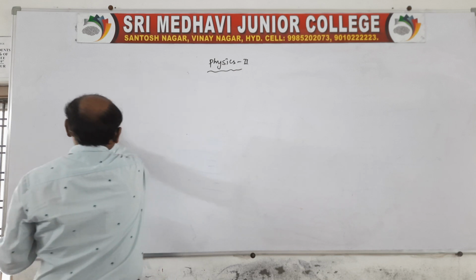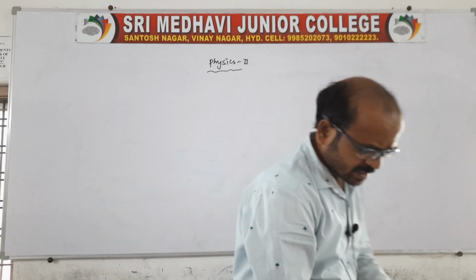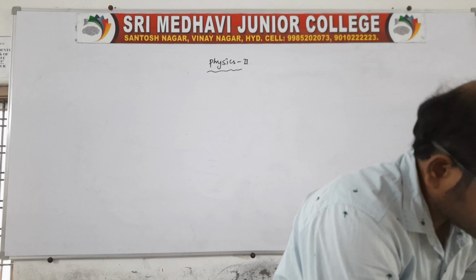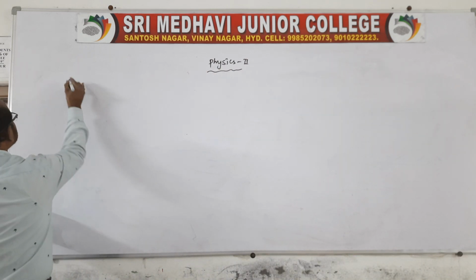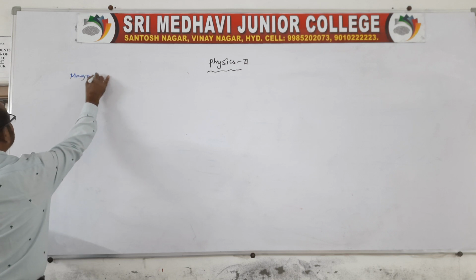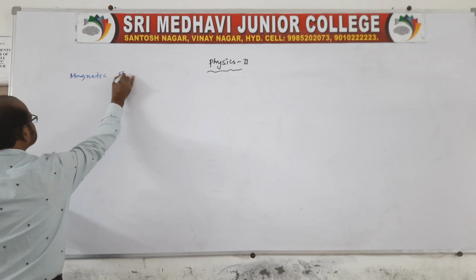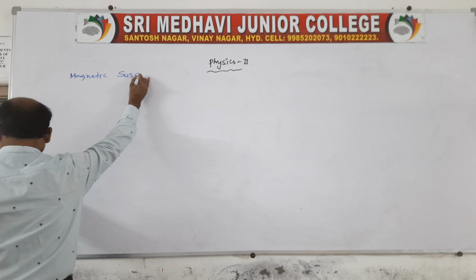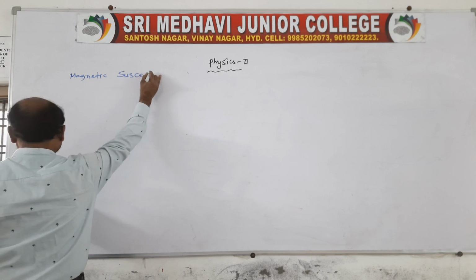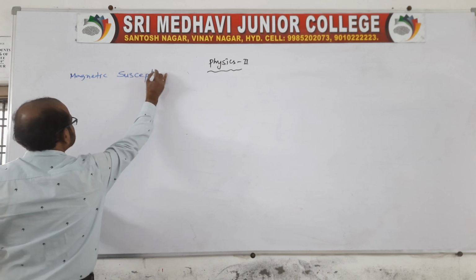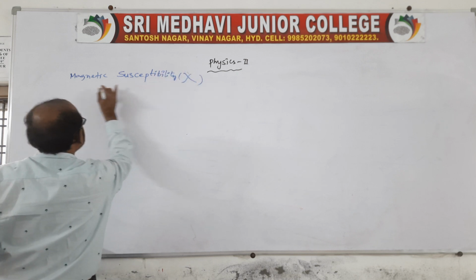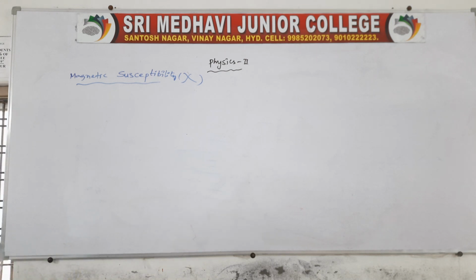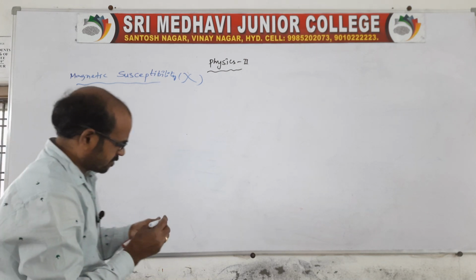Now I want to say another important statement, that is magnetic susceptibility. This is Xi, which we call magnetic susceptibility. How can we define this? The definition is very important because it is given as a 2 marks question in our material.